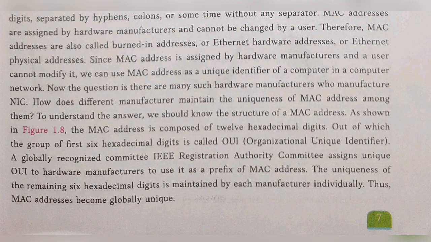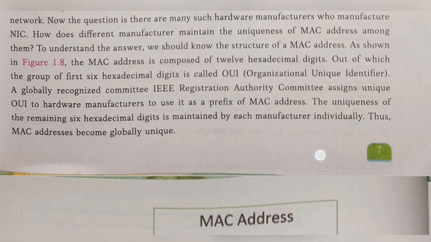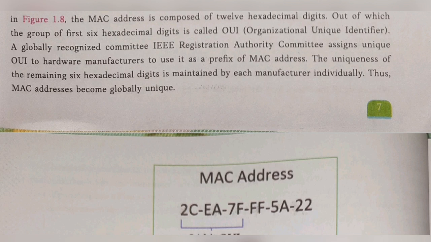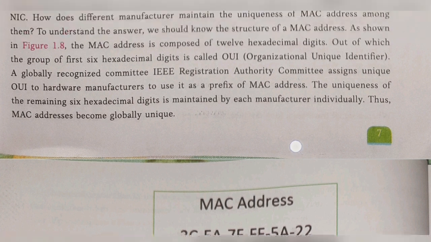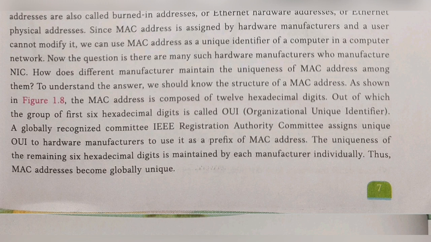And this MAC address is provided by IEEE, an organization for all the electronic devices, and it is given as a group of 12 hexadecimal digits, grouped in 2 digits.